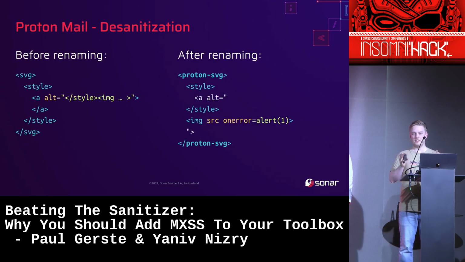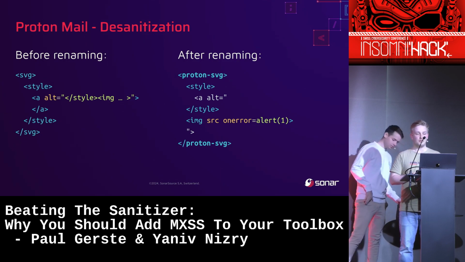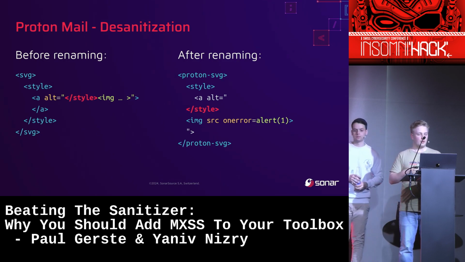And just a quick side-by-side comparison. On the left, we see the SVG element, and everything is parsed correctly to the SVG namespace. And on the right, we have Proton SVG, and somehow things are parsed differently. And of course, now the closing style tag prematurely closes the style element and the image tag appears with the JavaScript.